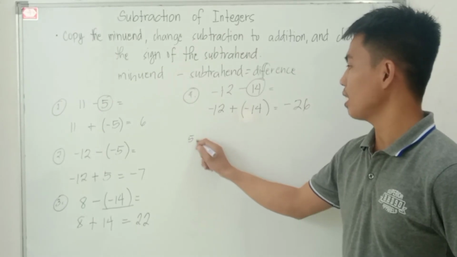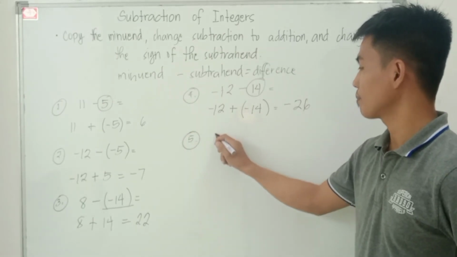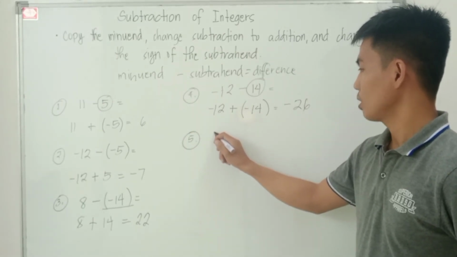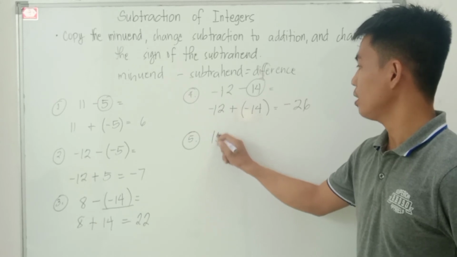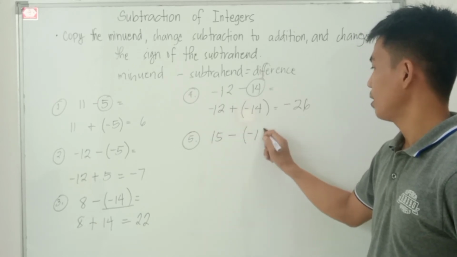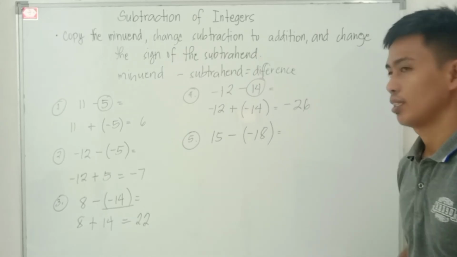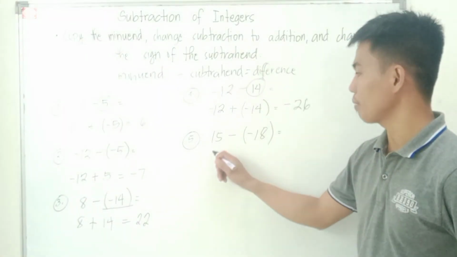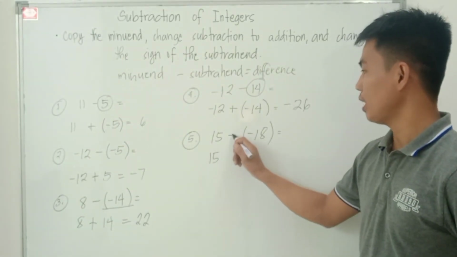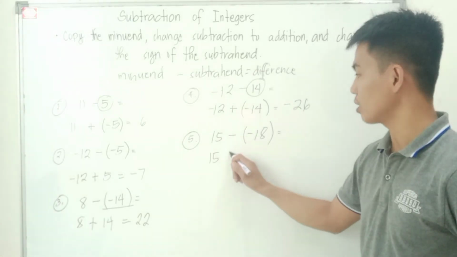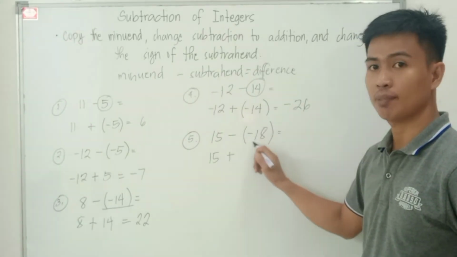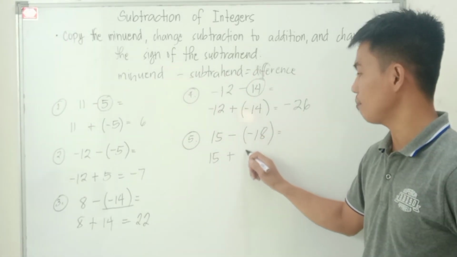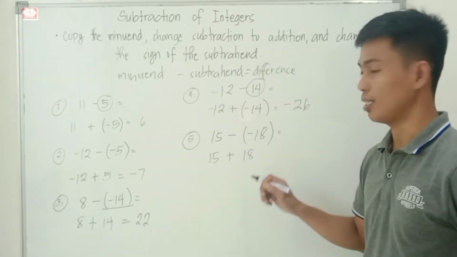So for the last example, so let's say we have 15 minus negative 18. So again, same procedure, copy the minuend, 15, change subtraction into addition, and change the sign of the subtrahend. So negative 18 magiging positive 18.